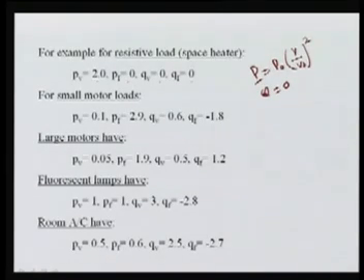Suppose you are having a bulb, let's suppose a simple resistor R, and this is giving you a 100 watt bulb. This is your bus, this is your resistance. So it will have some value, and this 100 watt it is giving at, let's suppose, 220 volt. Now if the voltage is changed, what will happen?